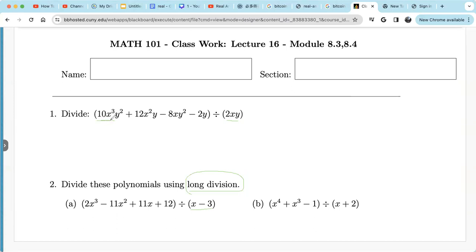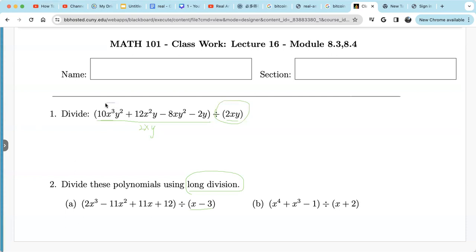Maybe we could write this as a fraction, as a rational expression, with a numerator and denominator. It's the same thing, but this will help us visualize better.